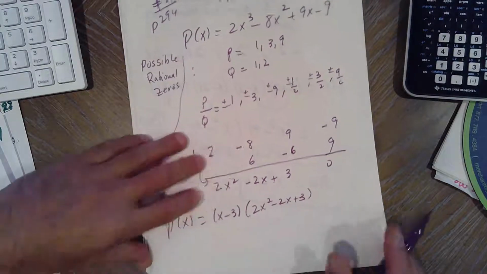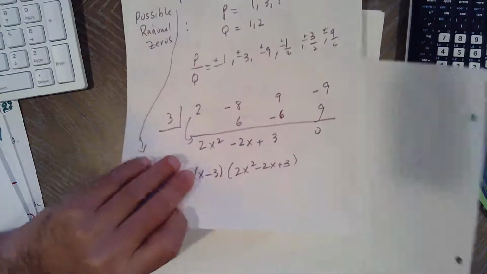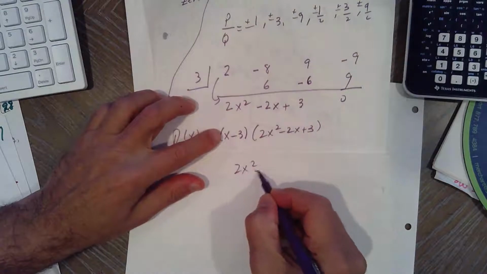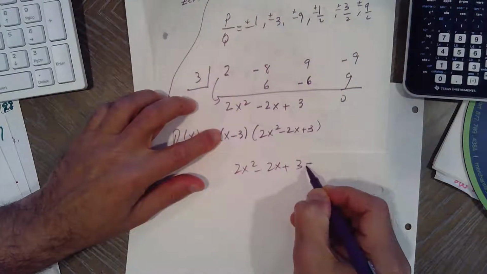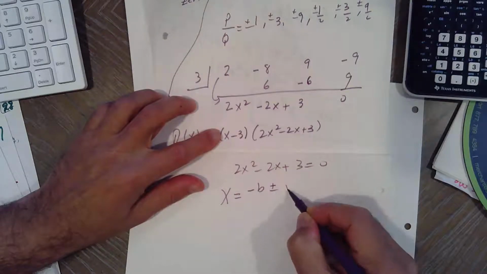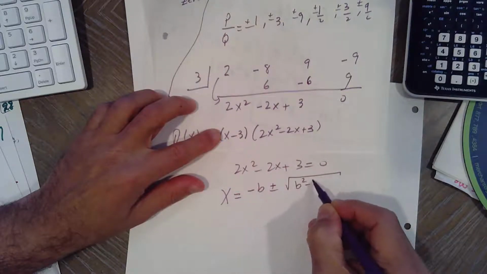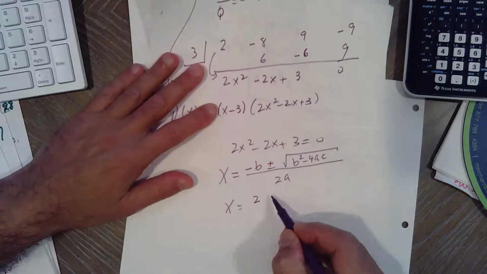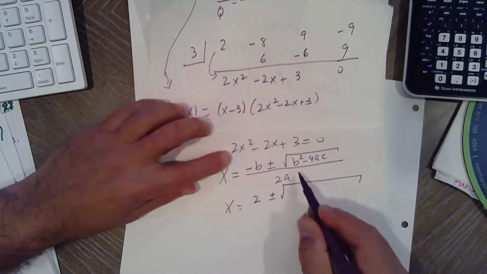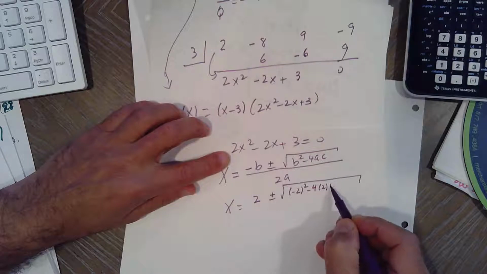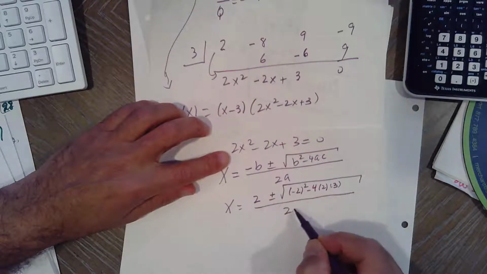Now, this is quadratic, and it doesn't look like we can factor it, so we can do the quadratic formula. 2x squared minus 2x plus 3 equals 0. The opposite of b plus or minus the square root of the discriminant, all over 2a. So that's 2 plus or minus the square root of negative 2 squared minus 4 times 2 times 3, all over 2 times 2.